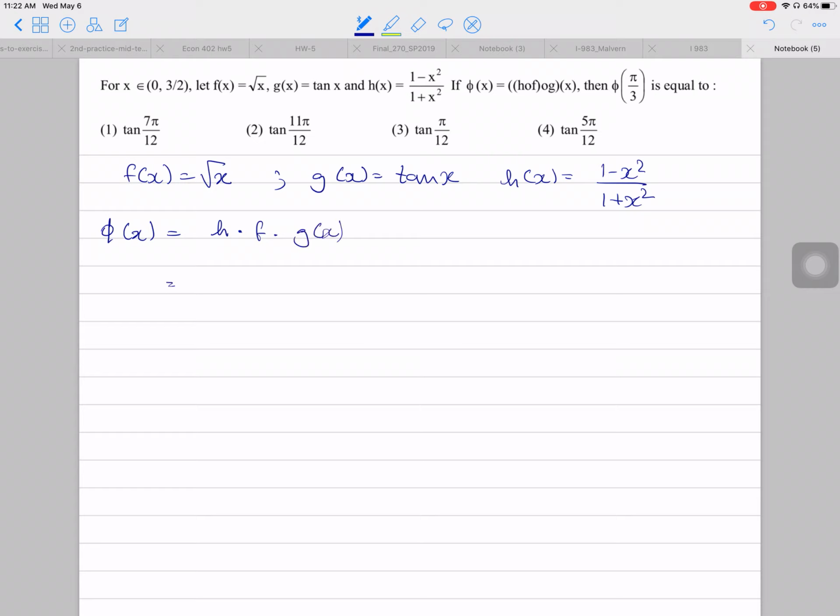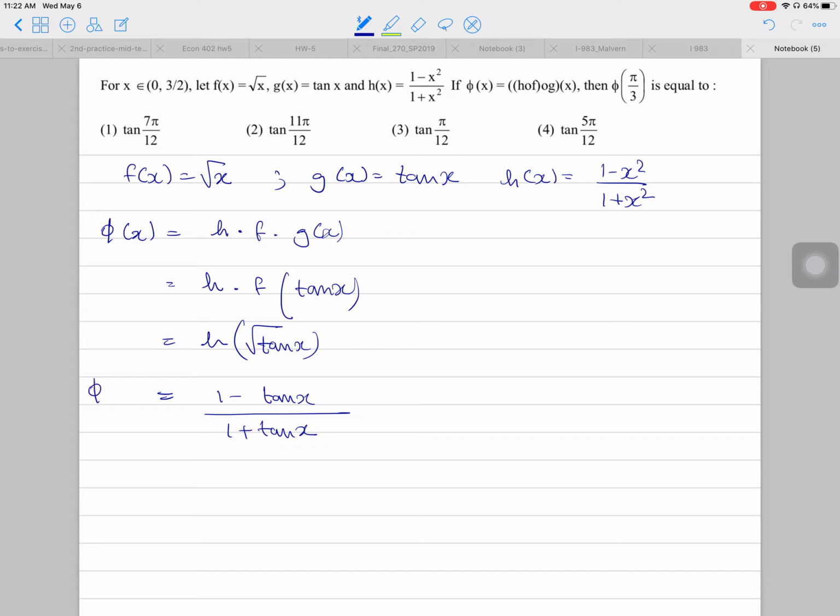So g of x is tan x, and f of tan x should be, instead of x we plug in tan x, so that is under root tan x, and h of under root tan x should be 1 minus under root tan x squared, so that is 1 minus tan x over 1 plus tan x.